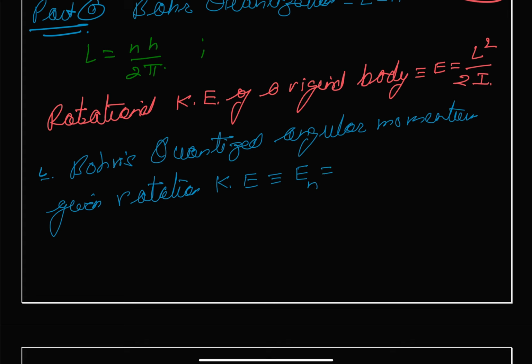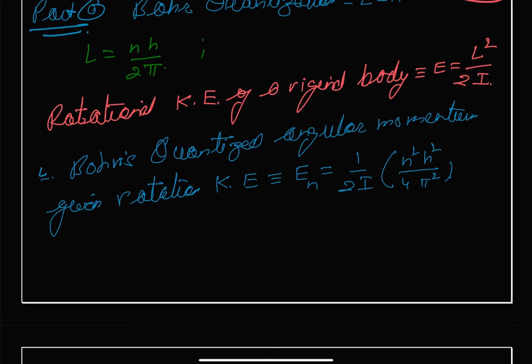We substitute value of our L, we get this as 1 upon 2I, and this comes as our n square h square upon 4 pi square.